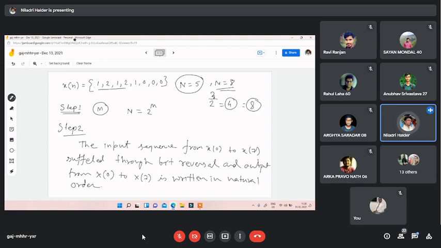The input sequence from x0 to x7 is shuffled through bit reversal, and the output sequence from capital X0 to capital X7 will be retained in natural order. Okay, meaning you will have a butterfly set. That butterfly will have input and output. Input you have to consider by the bit reversal process. What is that?